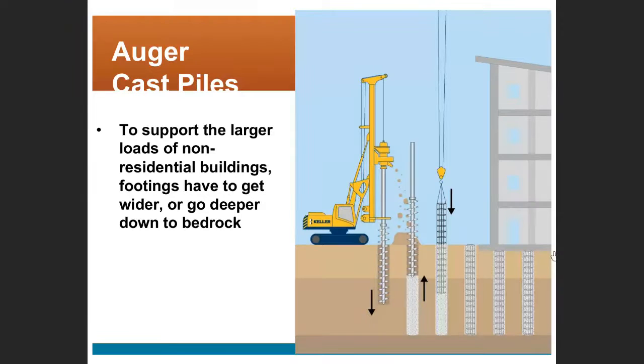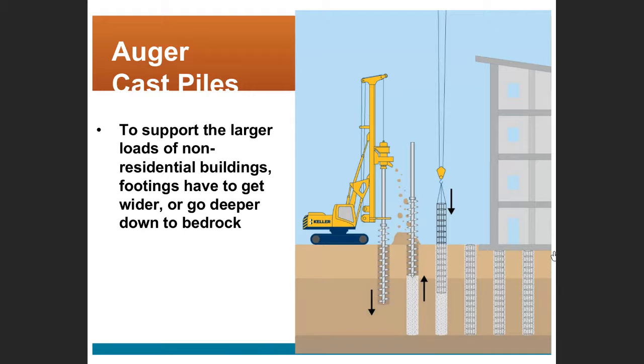When we move from residential construction to commercial construction, to support the larger loads of non-residential buildings, we either have to make the footings bigger and wider, or we have to go deeper to get down to bedrock. I think we may have looked at how buildings were built in Chicago at the end of the 19th and early part of the 20th century.